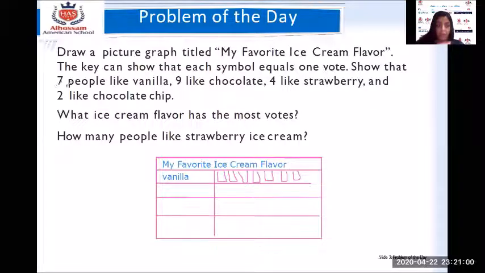Let me underline the important sentences here in my problem. All right. What ice cream flavor has the most votes? I have 7, 2, 9, and 4. So the highest is 9, which is chocolate, right? So let me write chocolate.